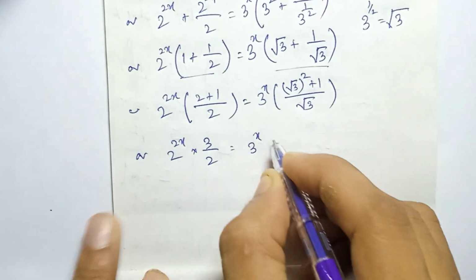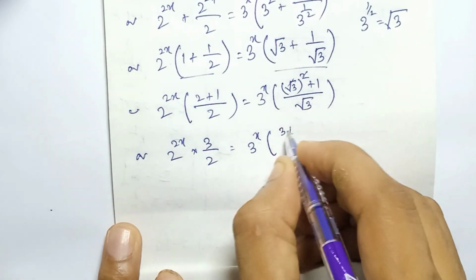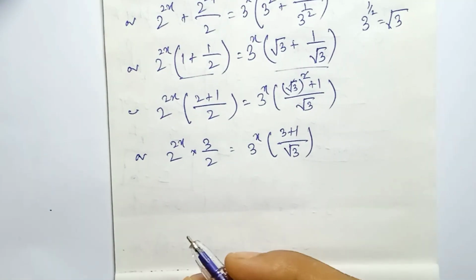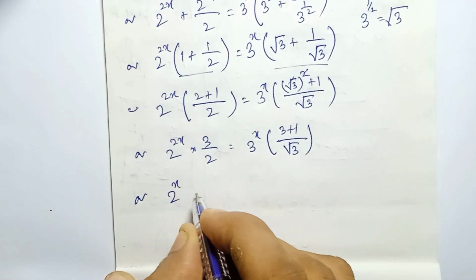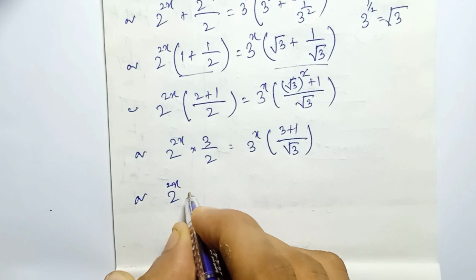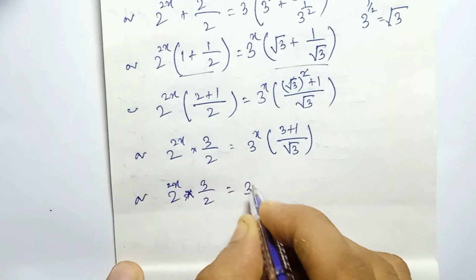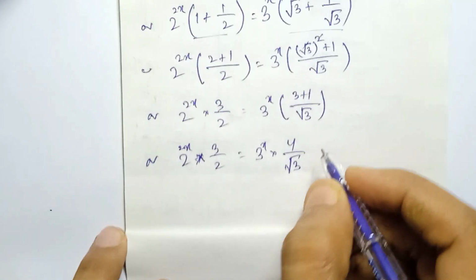Here 3 to the power x, this root will cancel out from the square, so here 3 plus 1 divided by root 3. So 2 to the power 2x into 3/2 is equal to 3 to the power x into 3 plus 1 is 4 by root 3.